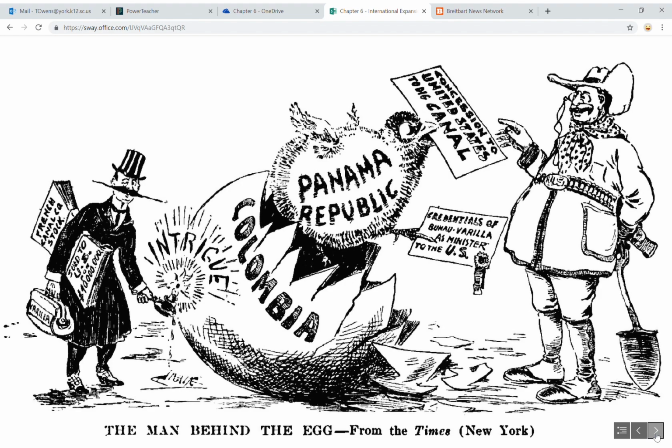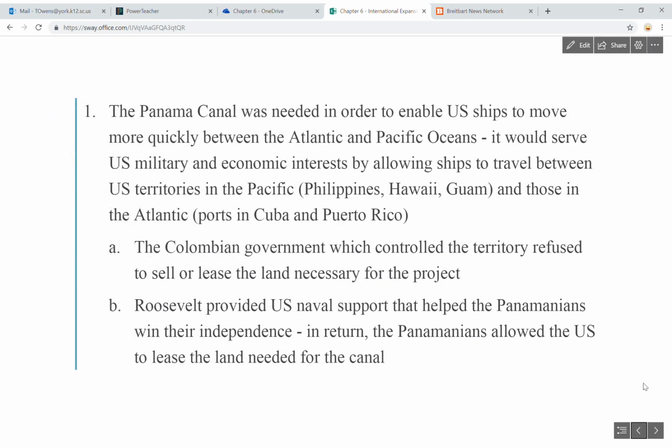And we have a ship out to sea, visible. And as the Colombians are ready to fight the Panamanians, we just pretty much let them know, do you really want to do that? And in the end, they decide no. And they're going to give the Panamanians their independence. And the Panamanians, in return, are going to allow us to lease the land that we need for the canal.